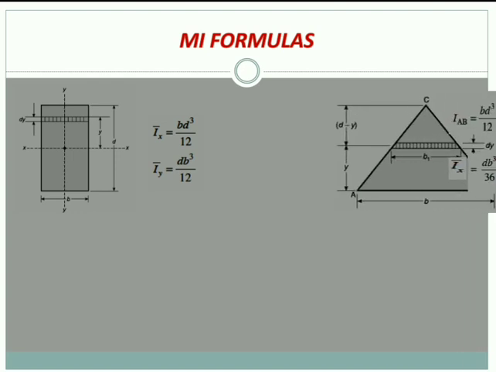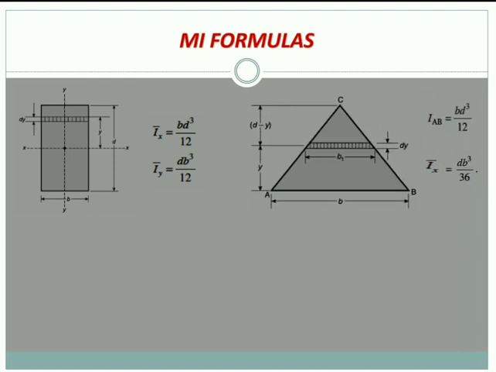Now the next figure is a triangle. In case of a triangle, we get the moment of inertia about the base, that is BD cube by 12, IAB, and about the centroidal axis, Ix is equal to BD cube by 36.